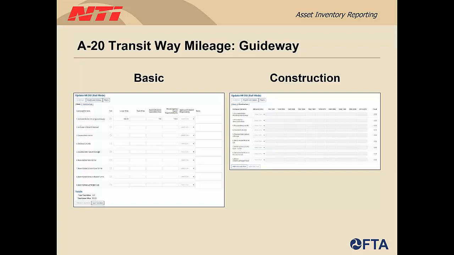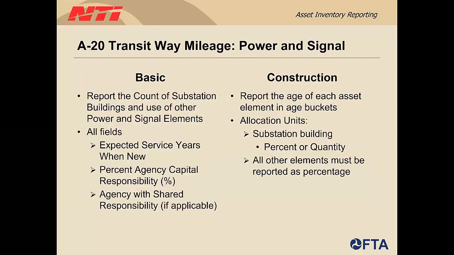Next is the power and signal section. So this will be where you will report applicable power and signal elements such as substations, third rail, and train control and signaling. There are a total of 5 elements for this section. Similar to the Guideways section, you will have a basic section and a construction section.